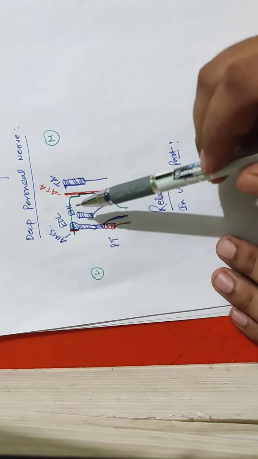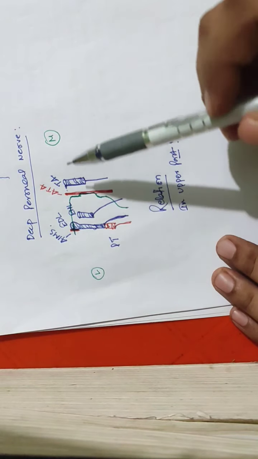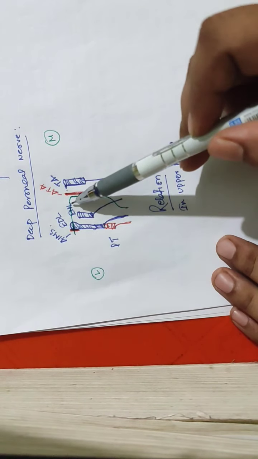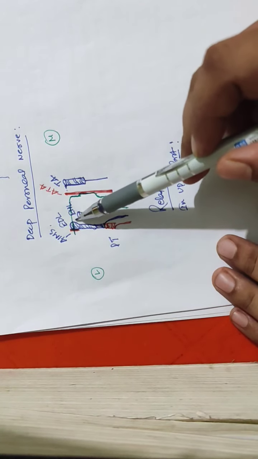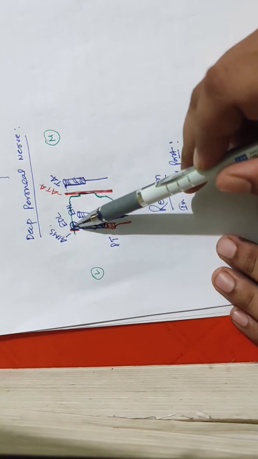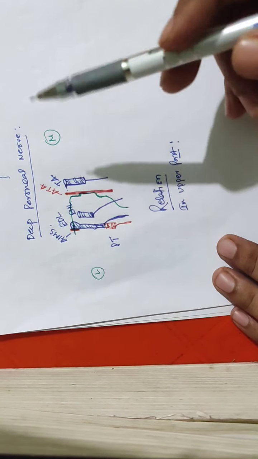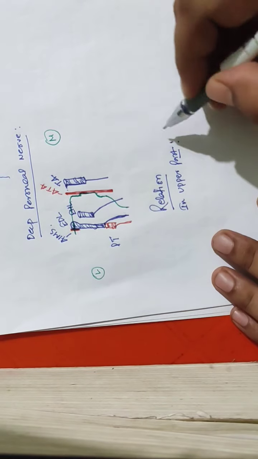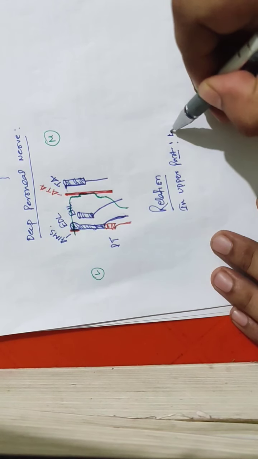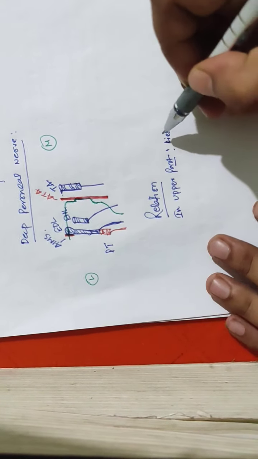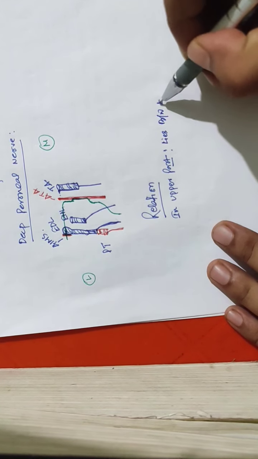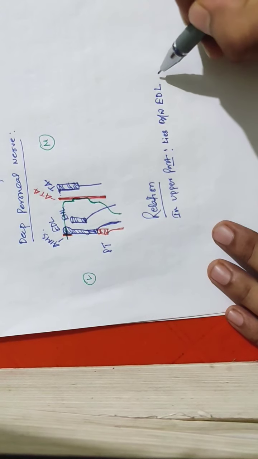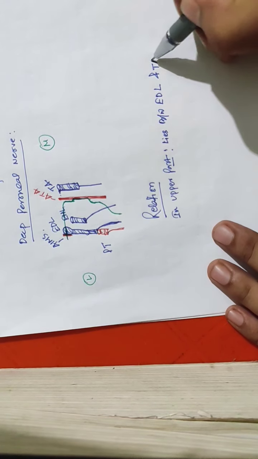So in the upper part, the deep peroneal nerve lies between the extensor digitorum longus muscle and the tibialis anterior muscle.